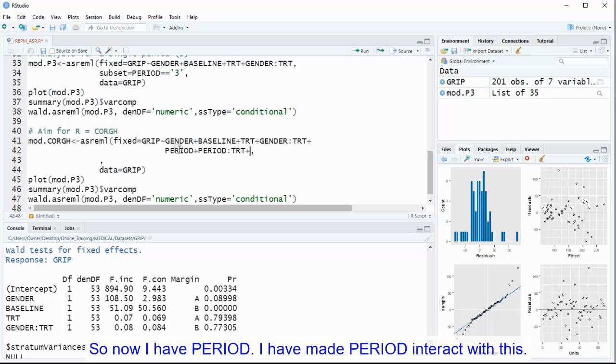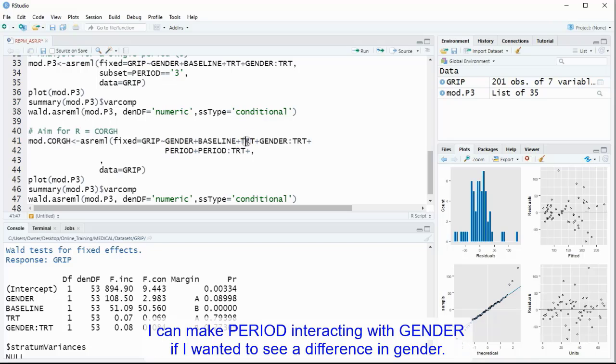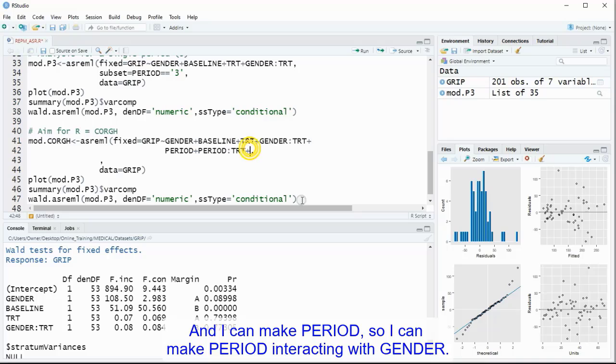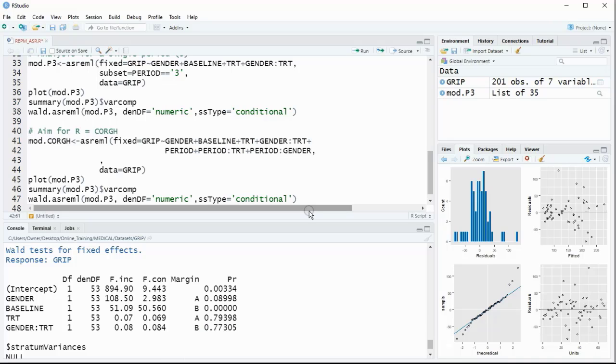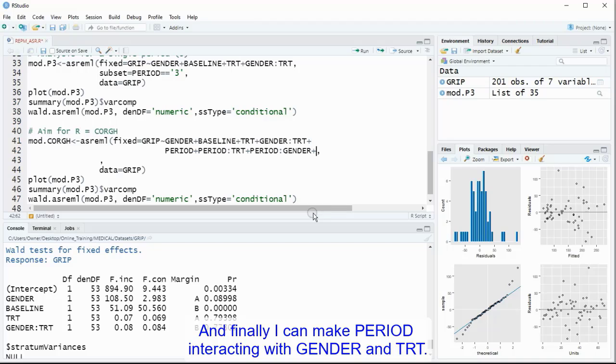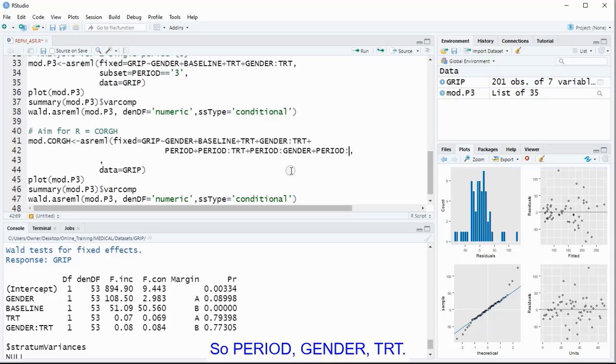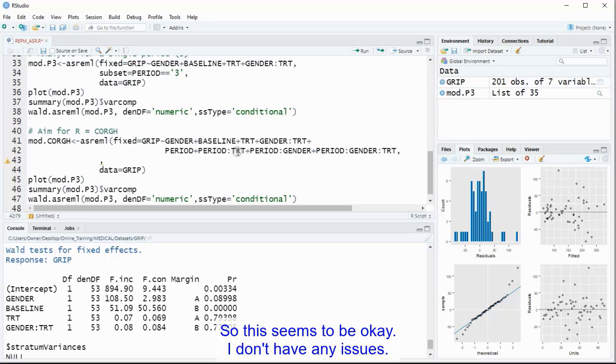So now I have period, I have made period interacting with this. I can make period interacting with gender if I wanted to see difference on gender, and finally I can make period interacting with gender and treatment. So period, gender, treatment. So this seems to be okay.